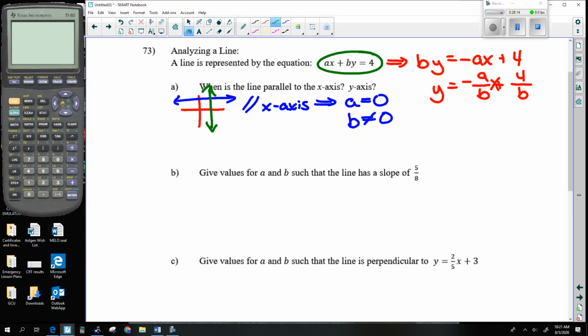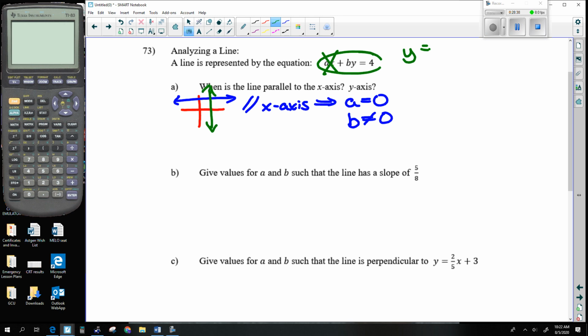I should have thought of that simpler. I just need to think about the original equation. I'm sorry, parallel to the x-axis means y is equal to some number. So this obviously means a has to be equal to 0, and then b has to exist.